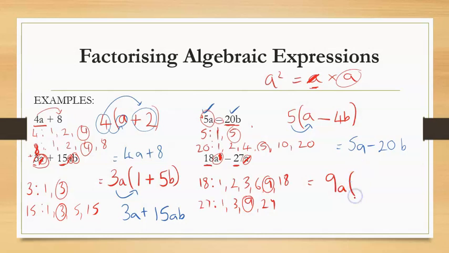Then we open the brackets and we say 9 multiplied by what will give us this 18 here. Well, 9 multiplied by 2 is 18, but we also need to make it a squared. So a multiplied by a will give us the a squared. And then we have 9 multiplied by what will give us 27.